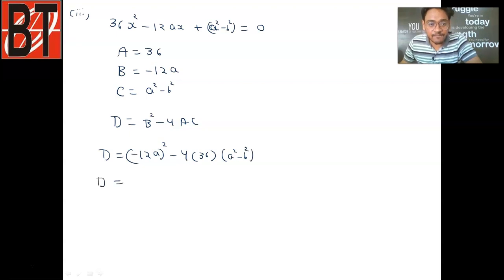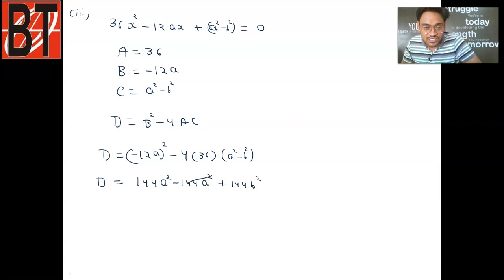You can check minus 12a, if I take the square, negative square is positive, 12 square is 144, a square is a square. Now here minus 4 into 36 will become minus 144, and when I multiply minus 144 inside the bracket, it will become minus 144a square and minus minus plus 144b square.